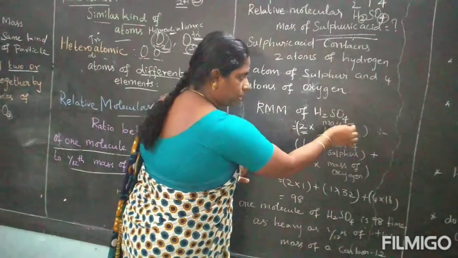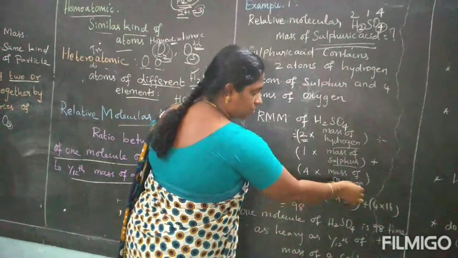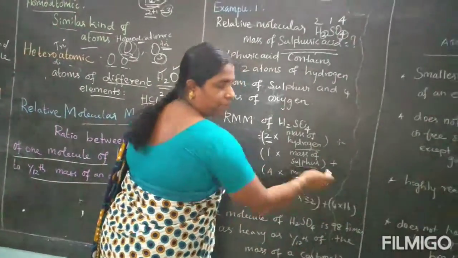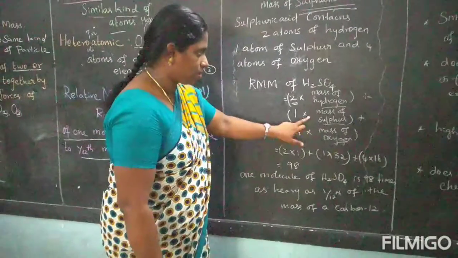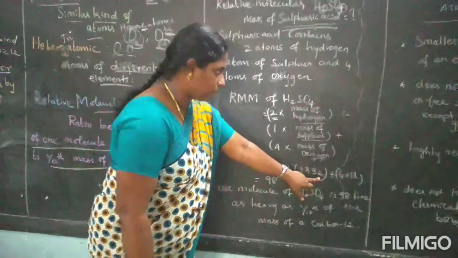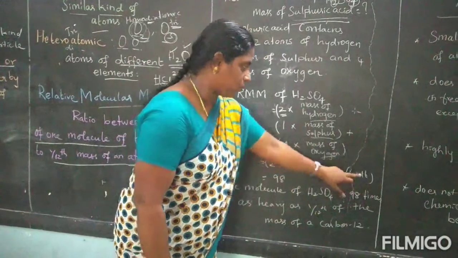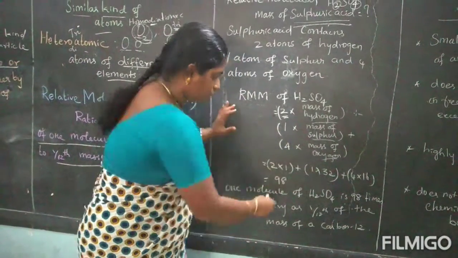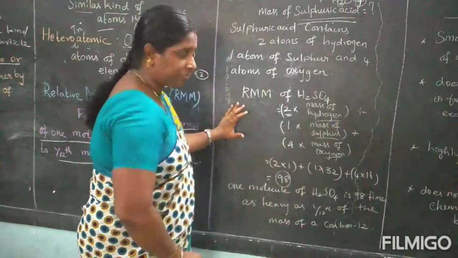So you substitute each and every mass of hydrogen, sulfur and oxygen in that place. So 2 into 1, mass of hydrogen is 1, mass of sulfur 32, mass of oxygen 16. So you multiply, and totally you get 98.